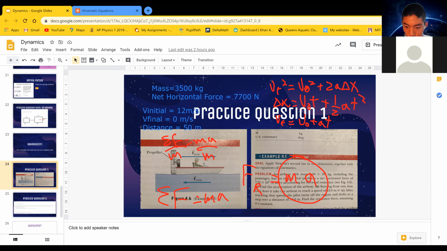Negative 5040. You're close. I think you probably made a calculation error in the tenth place. Checking again if it's negative 5040.